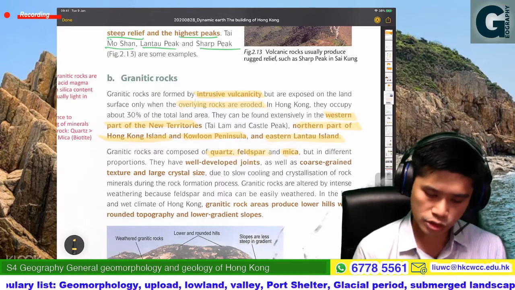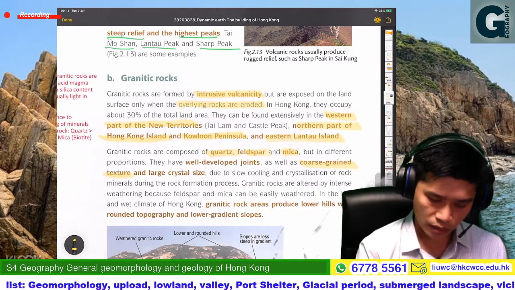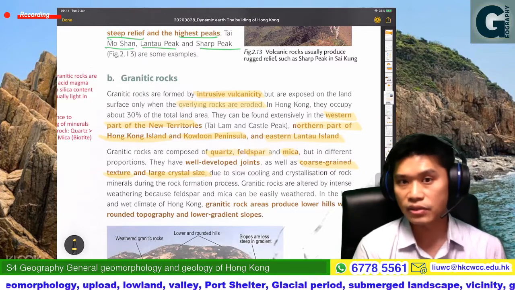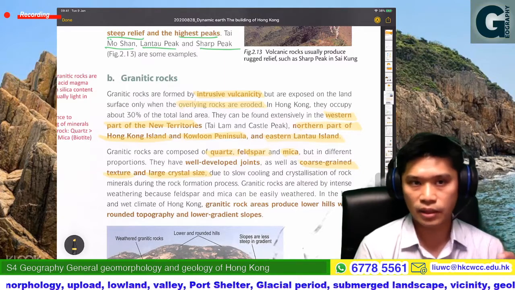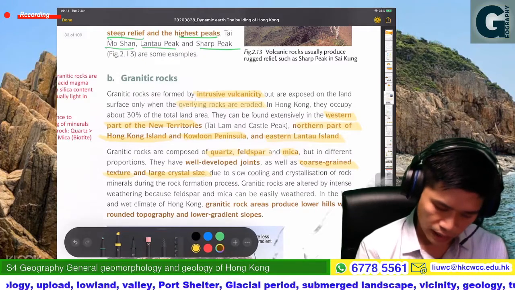Okay, so that is the structure of the granite. Their texture is coarse-grained with large crystals. For example, you can observe quartz，你見到啲石英啦，石英就係一粒粒嘅晶體嚟㗎啦。And one more very important, please highlight this.